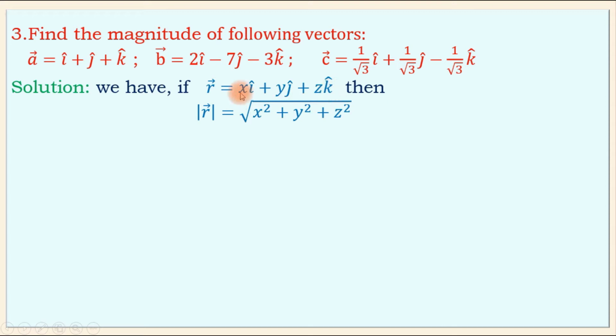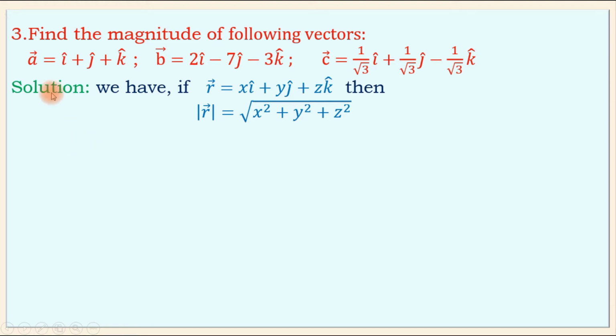That means x square plus y square plus z square. So the vector r is given in terms of xi cap plus yj cap plus zk cap. Then magnitude of vector r equals square root of x square plus y square plus z square. Here x, y, z are components of i cap, j cap, k cap respectively.